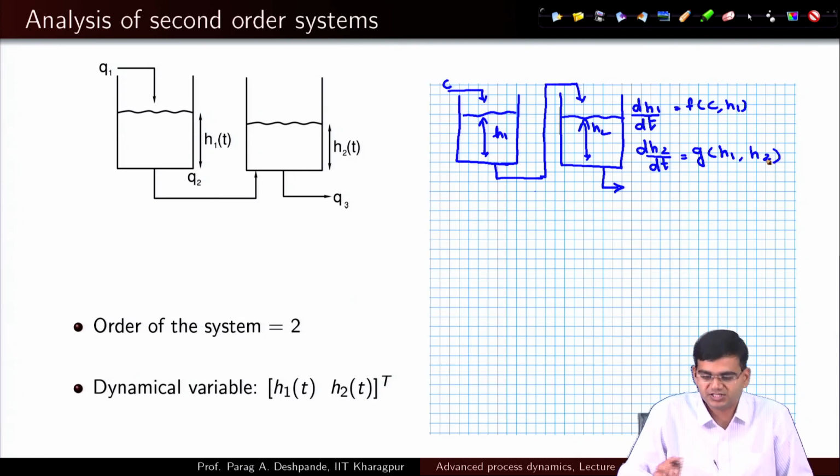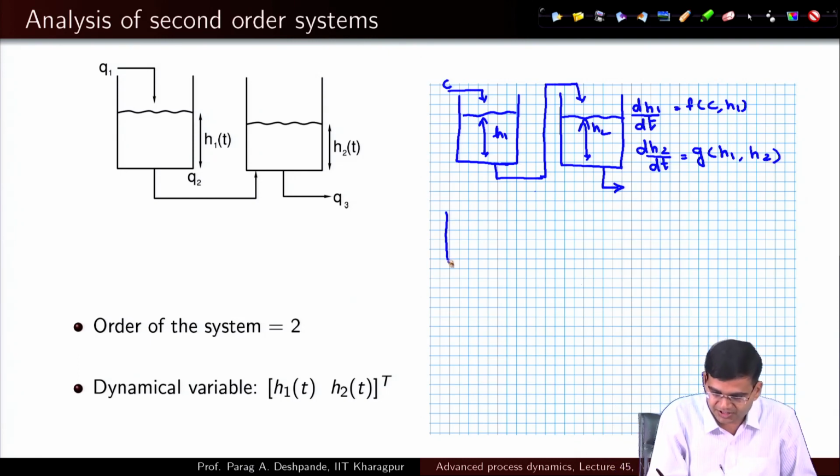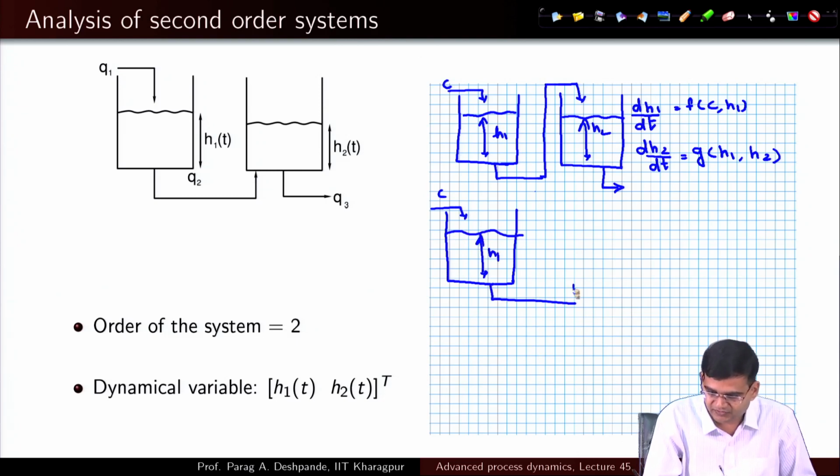This is pretty straightforward. Now, I have another arrangement in which I have C, I have H1 and I have an arrangement like this, H2.